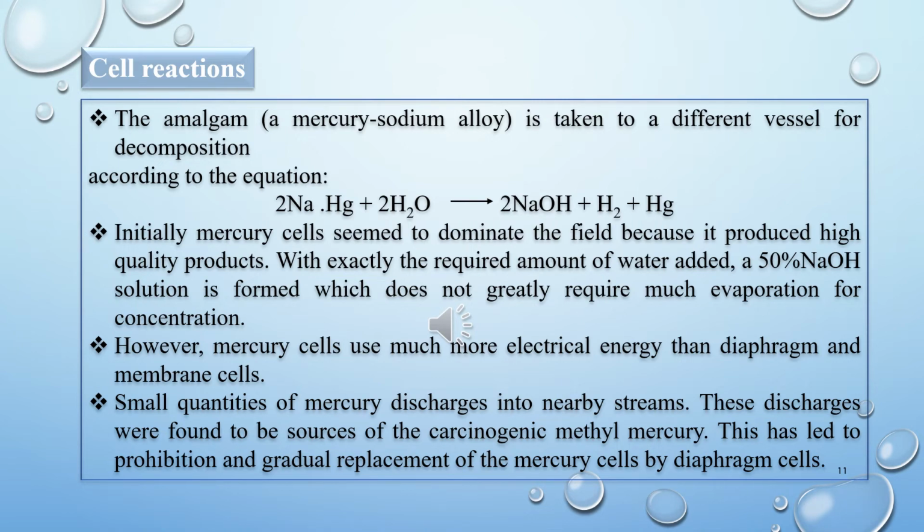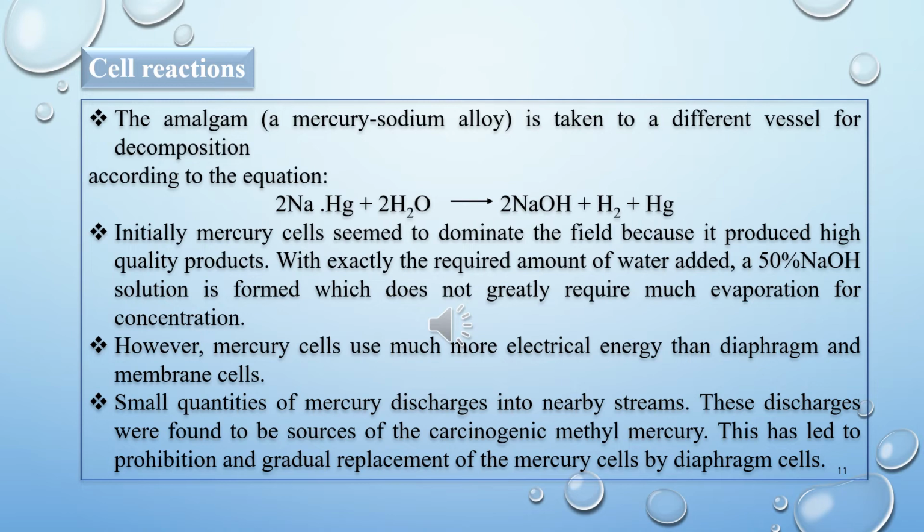We will discuss one by one here. The amalgam of mercury and sodium alloy is taken to a different vessel for decomposition. As we have discussed earlier, for the decomposition, that mercury sodium alloy or the amalgam will decompose and will be converted into sodium and mercury.